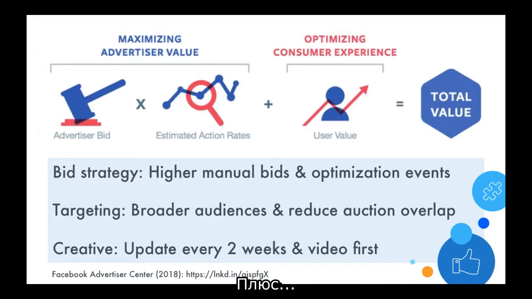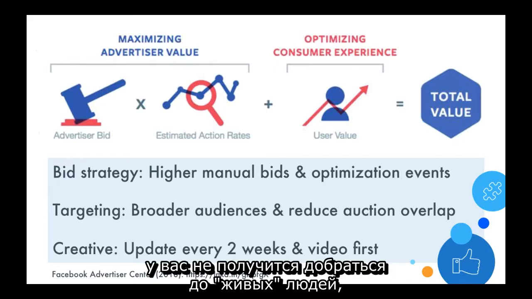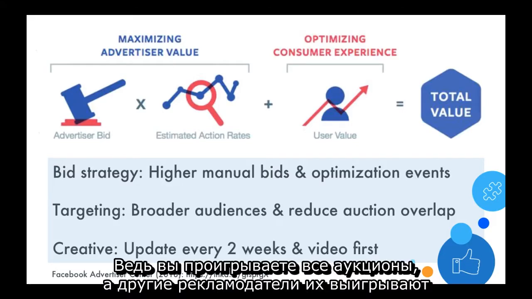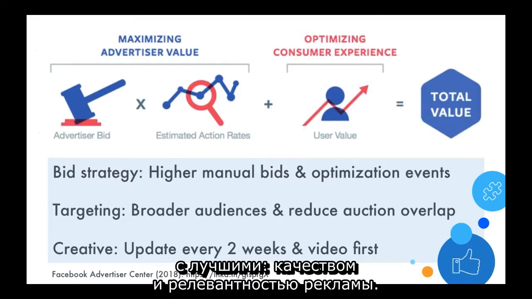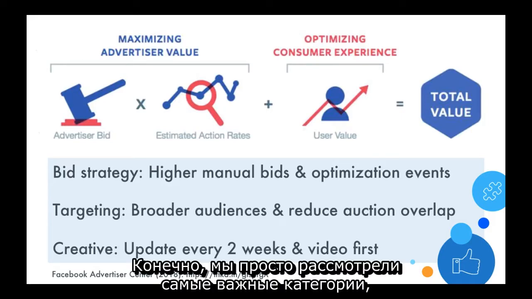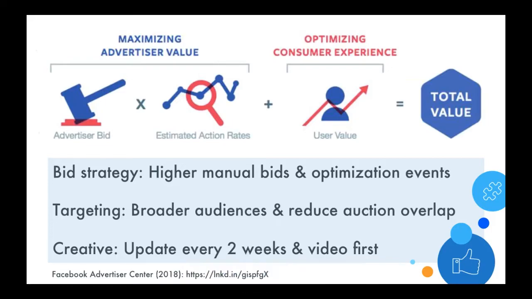Okay, plus you are not going to be able to reach the real persons that are the real targets that are interesting for you, because you would lose all the auctions and other advertisers would win them with better ad quality and better ad relevance.